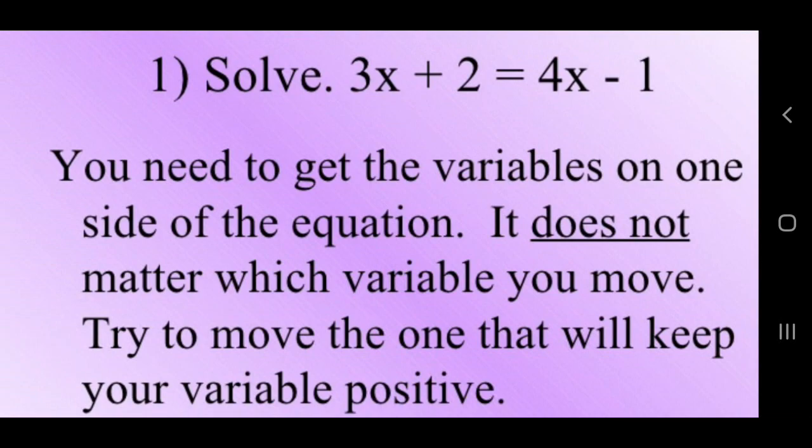Try to move the one that will keep your variable positive. That is an easy trick, dear children. If the variable is positive, you can do the problem in a very easy way. Now we can try the same problem: 3x plus 2 equal to 4x minus 1.